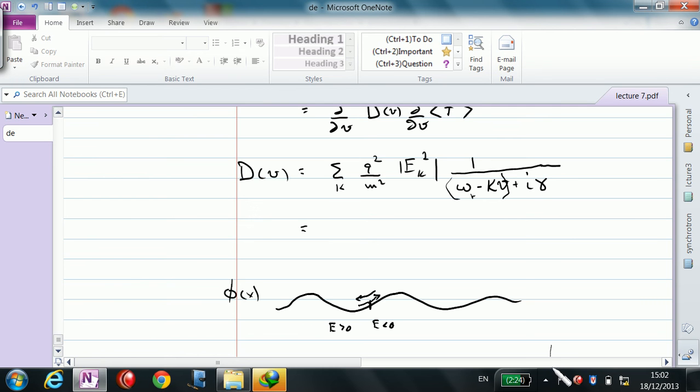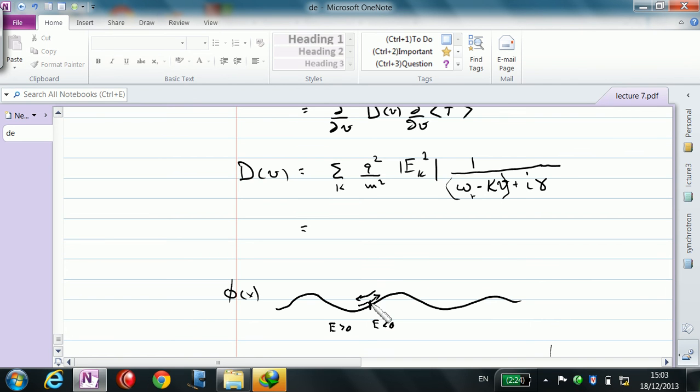So even though the velocity and the electric field are formally correlated in phase, there's no net irreversible change in energy for the particles.